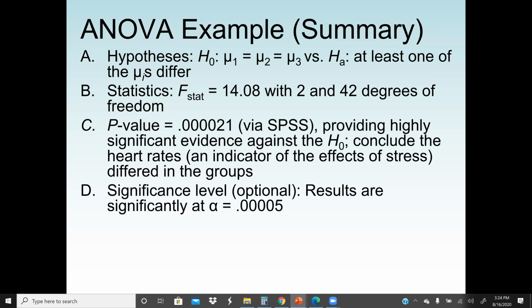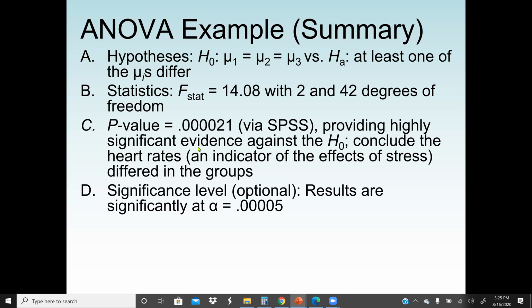We need to find the F stat. In order to find the F stat, we have to know the MSW, MSB, SSB, and SSW. We use the formulas to find everything, then we get the F stat. When we get the F stat, we go to the F table to find the corresponding p-value. In this case, we use the computer application, and that gives us 0.00021.